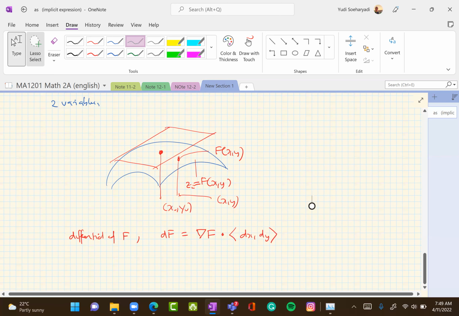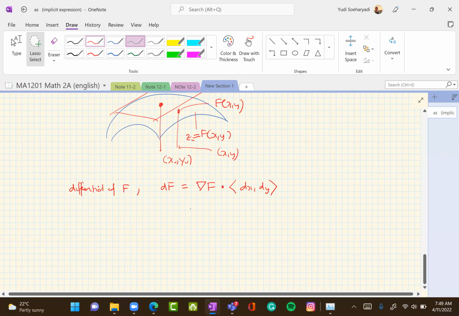That is, df/dx computed at (x0, y0) times dx, plus df/dy times dy. This is the differential of f, with differential of x and differential of y.